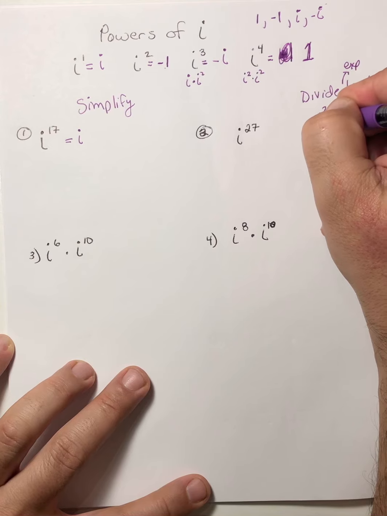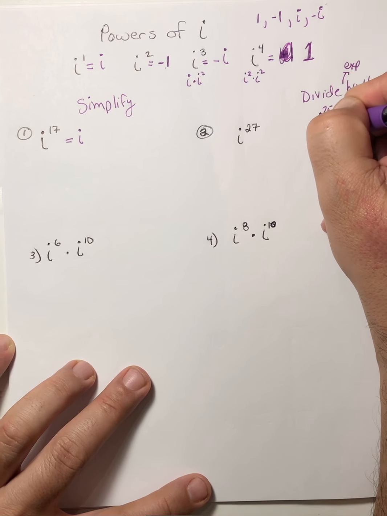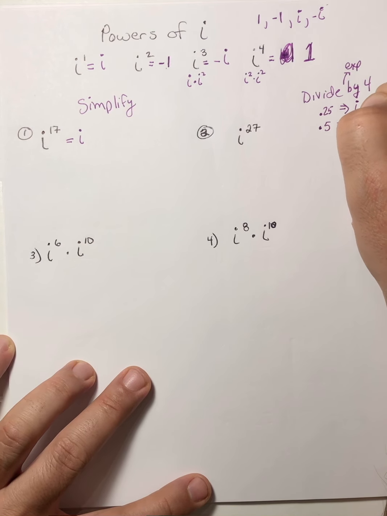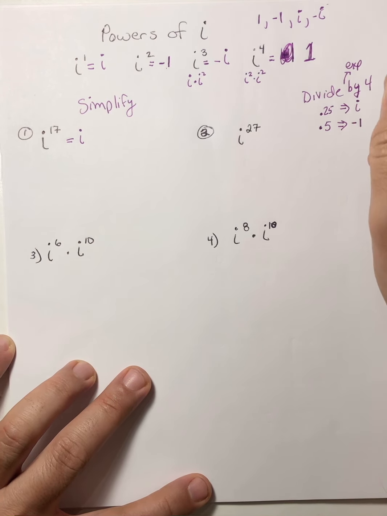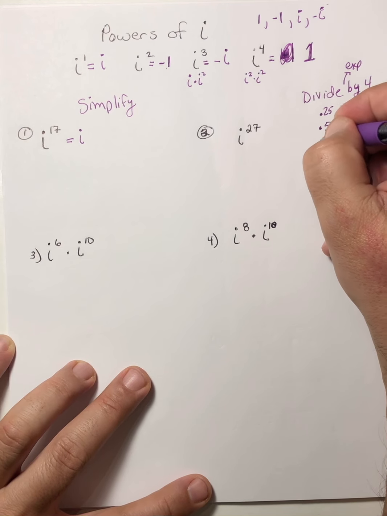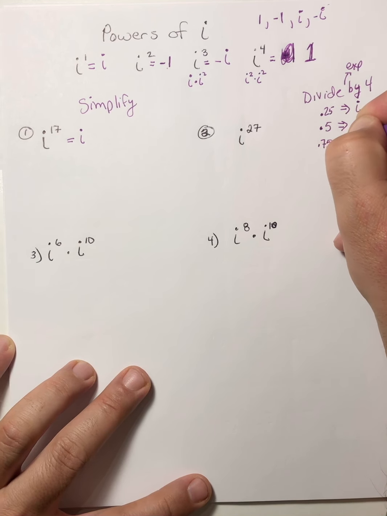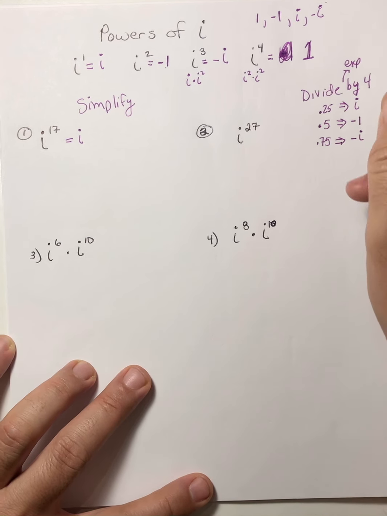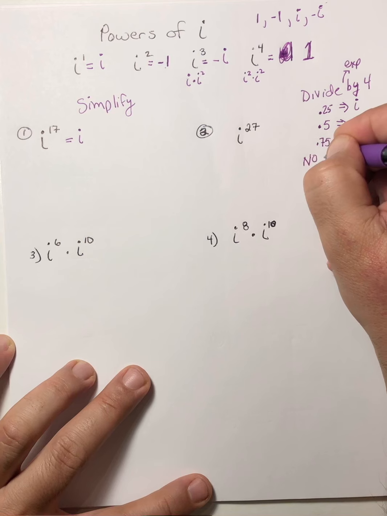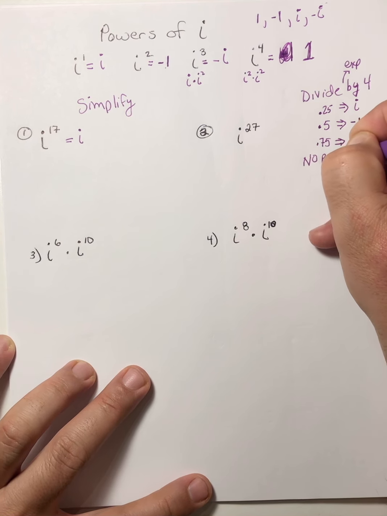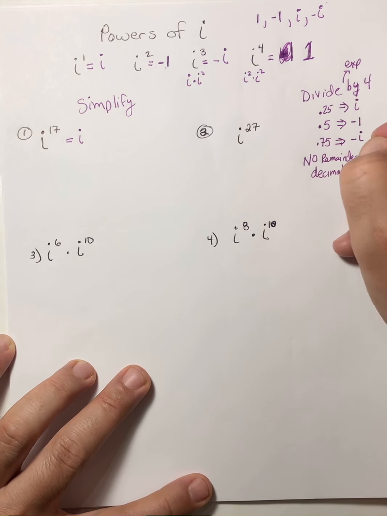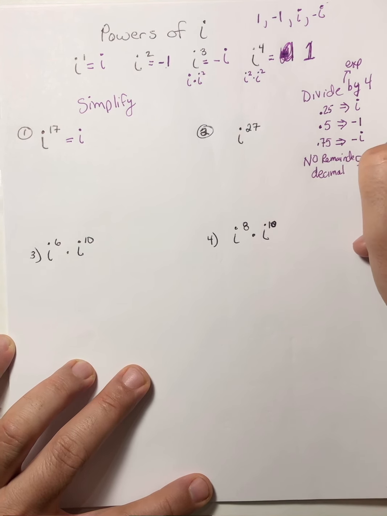If you see 0.5, 1/2, remainder 2, you say negative 1. If you see 0.75, then you say negative i. If you see no remainder, no decimal, so it goes in evenly, then all you have to say is 1.